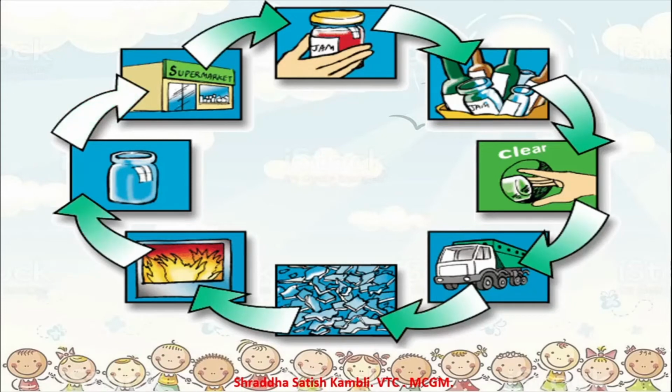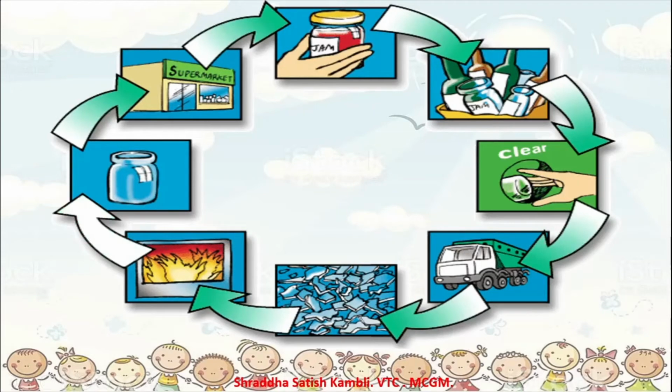Again it is poured into various molds to make a new jam jar. So carefully look at the pictures starting from here. See the supermarket where the jam is sold and the jam comes to your hand. You finish eating the jam, you throw it away, it is carried away by the trucks, it is broken into bits and pieces, it is heated again, and the new jar is formed. So this is how glass can be recycled too.